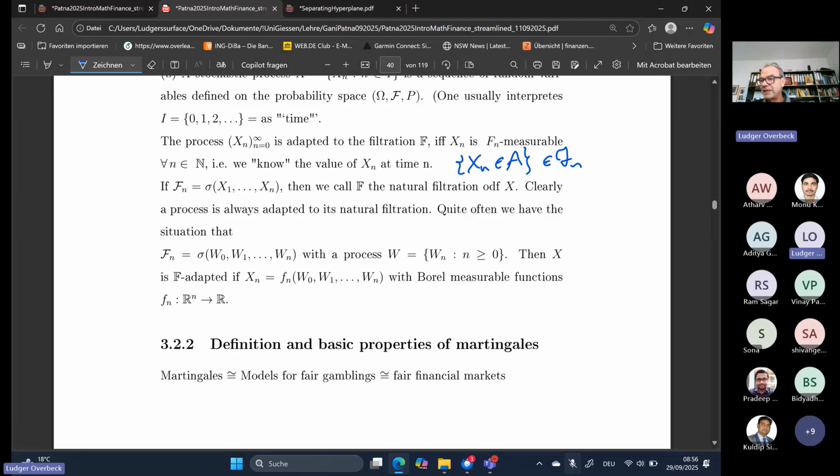This might be a little bit picky at this point, but as I told you before, this filtration generated by X up to n is just the price. The market just observes the price. But the insider, or the CEO, whoever, and that's why they are not allowed to trade, knows more than the price. So they have more information. So an insider filtration is larger than the one produced by the price.